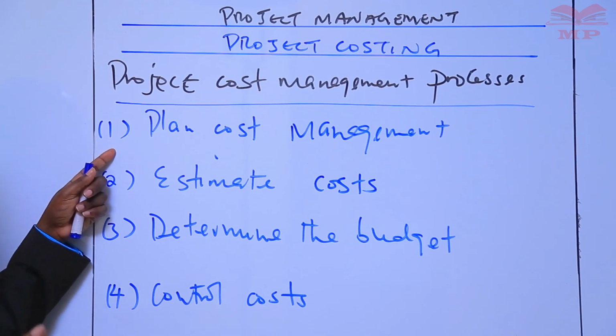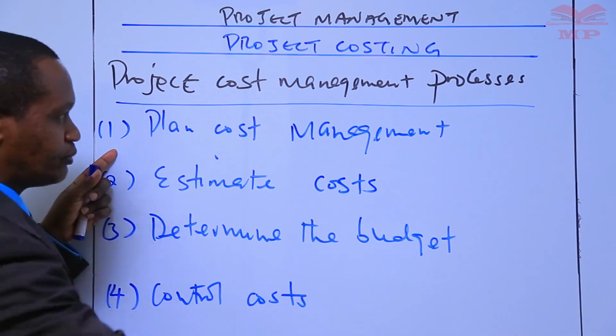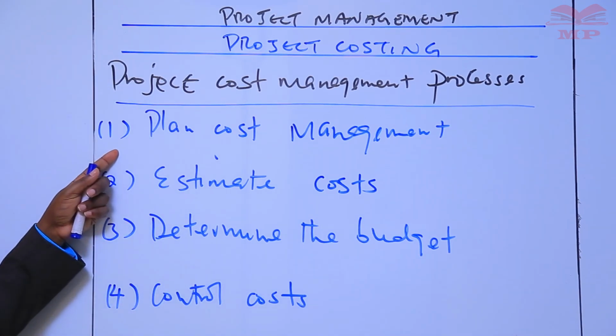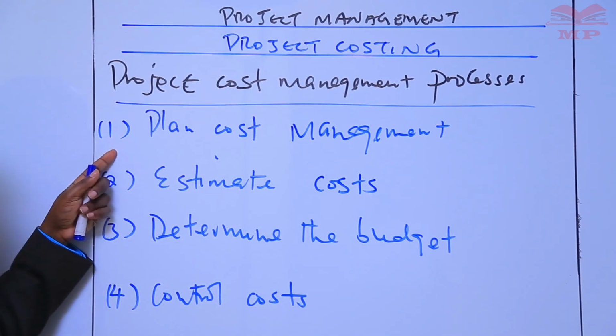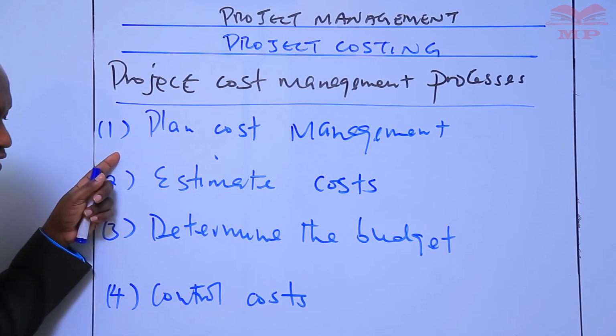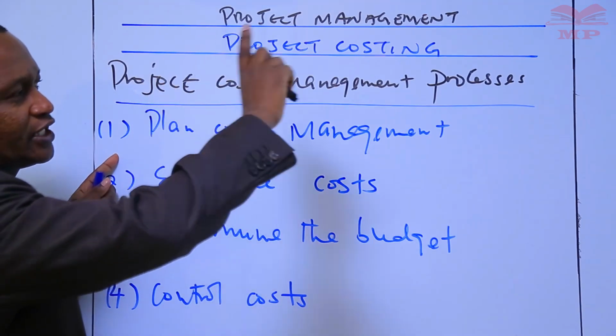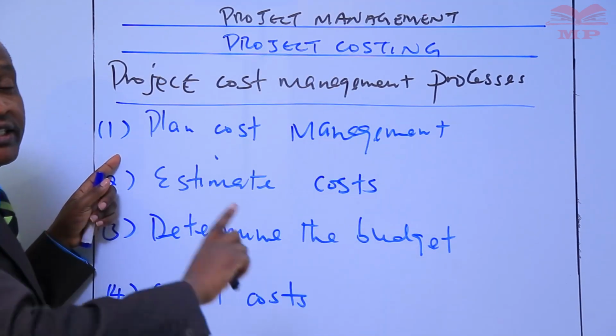The process provides direction on how the project cost will be managed throughout the project. And we have to note that the cost management planning effort occurs early in the project planning and also sets the framework for each of the cost management processes so that the performance of the processes will be efficient and coordinated. That's why in the project life cycle, we have project planning being the second stage.